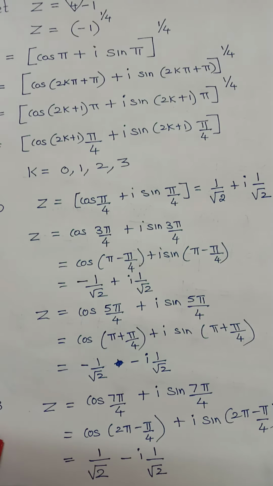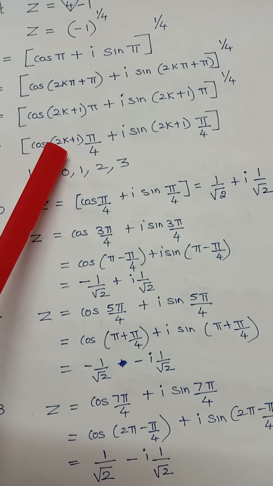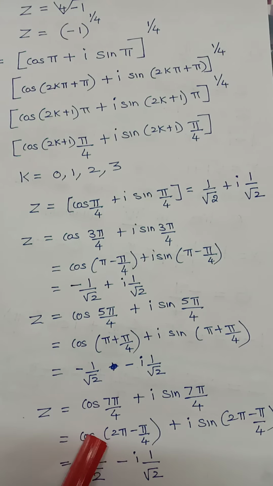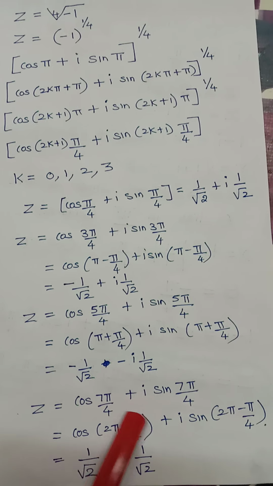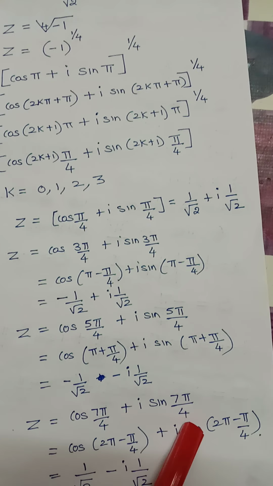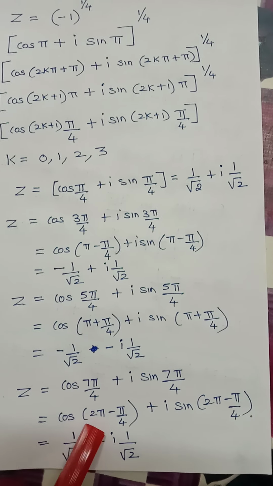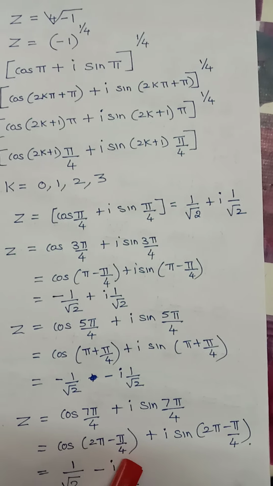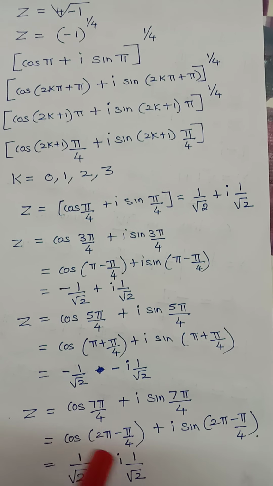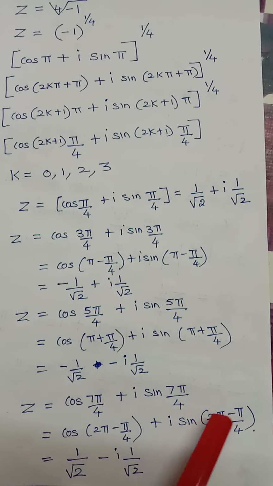K is equal to 3. Let me substitute 3 here. 2 threes are 6 plus 1, 7 pi by 4. So cos 7 pi by 4 plus i sin 7 pi by 4. Now this 7 pi by 4 I can write as 2 pi minus pi by 4. When you simplify 2 pi minus pi by 4, you will have 7 pi by 4.